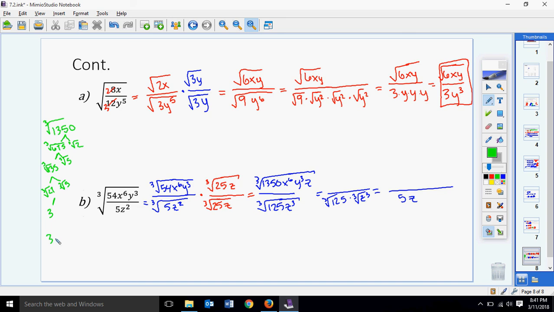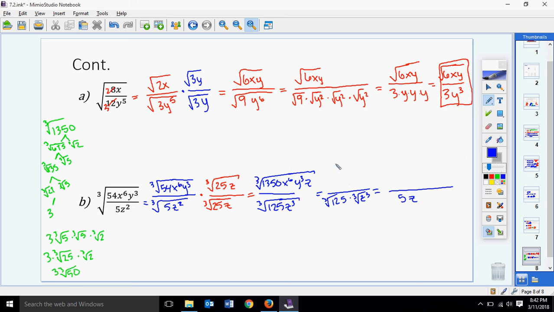So I have 3 times the cube root of 5 times the cube root of 5 times the cube root of 2. Simplifying these would give me the cube root of 25 times the cube root of 2 times 3. Multiply the 25 and the 2, you get the cube root of 50.